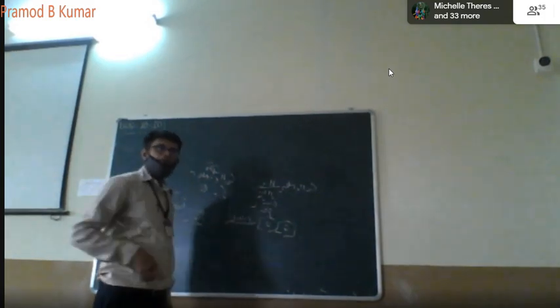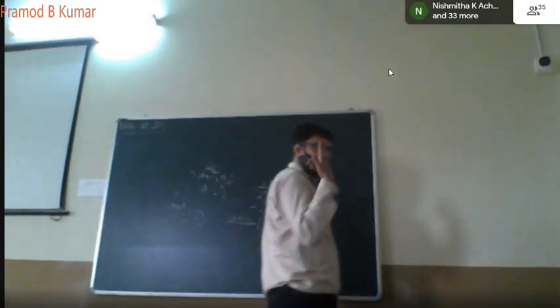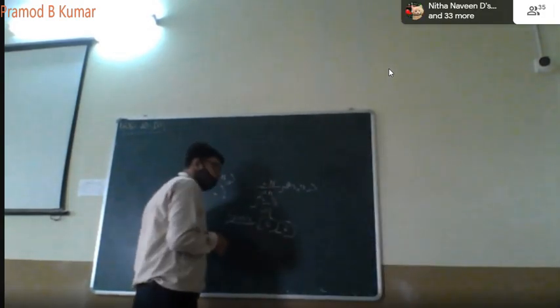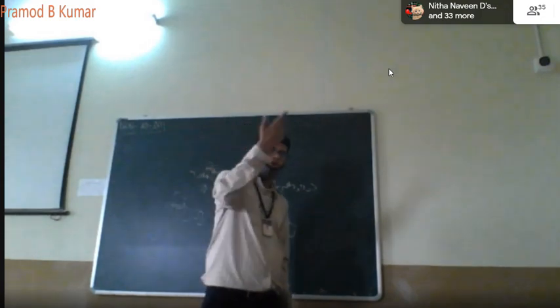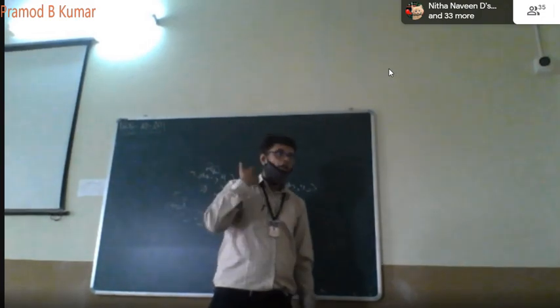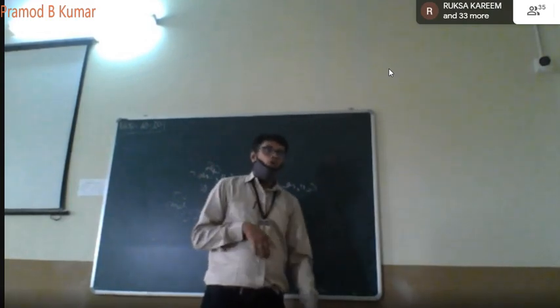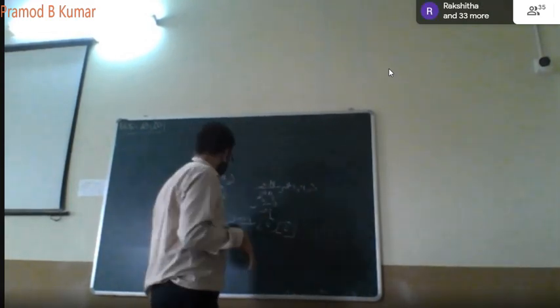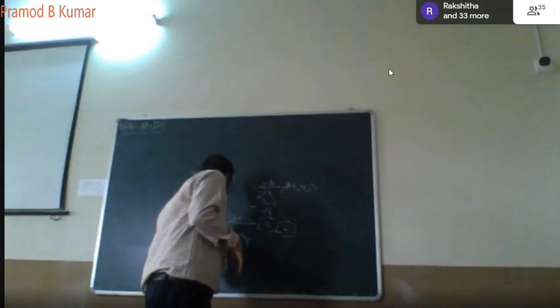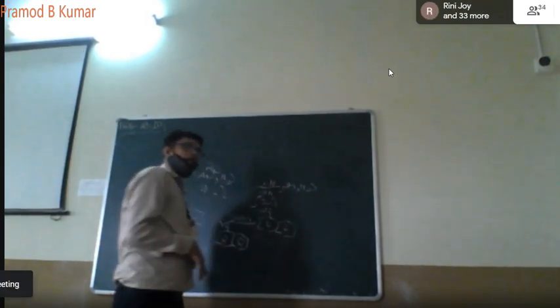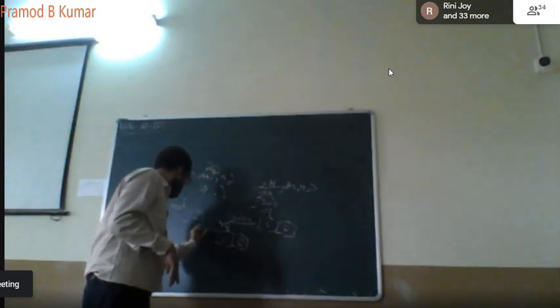This negative charge attacks the electrophile, that is the diazonium, on the second position, and the last step is loss of proton to get aromatization, and you get your 1-phenylazo-2-naphthol. Why is it called 1-phenylazo-2-naphthol? This is naphthol 2.